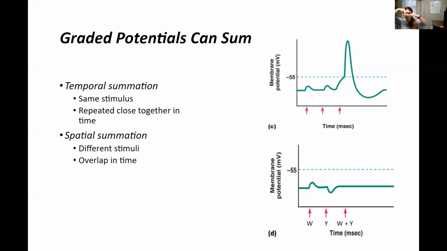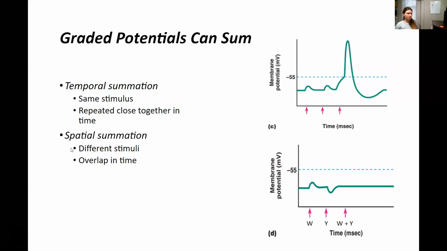But if we're looking at two signals coming in like this, and we measure the membrane potential here in the center of them, they'll be getting a little bit of the change in charge from here, and a little bit of the change in charge from here as these are filtering out. So if we measured at that point, we would have parts of these two graded potentials adding together.